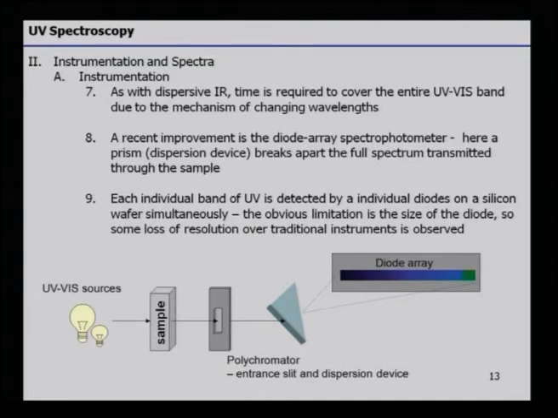A recent improvement is the diode array spectrophotometer, where a prism dispersion device breaks apart the full spectrum transmitted through the sample. The beauty of the diode array detector is that all the wavelengths are scanned at the same time, and therefore the time required for analysis is shortened and the entire wavelength range is covered.